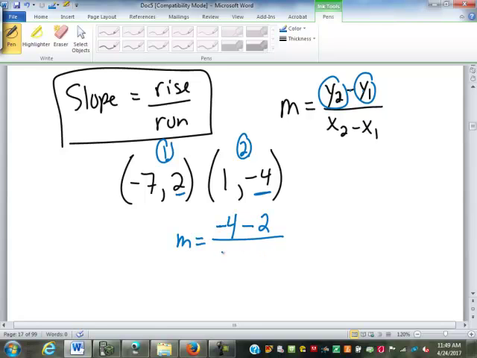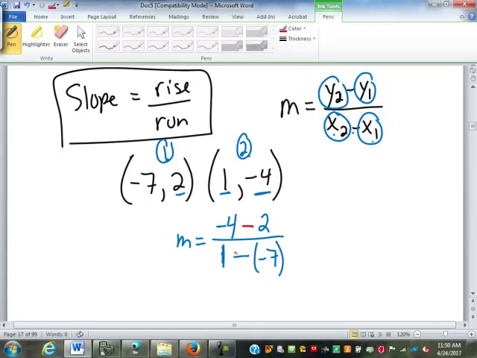On bottom, the first number going down here, x2 is going to be point 2, the x-coordinate, which will be 1, minus x1 is going to be point 1, the x-coordinate, which will be -7.